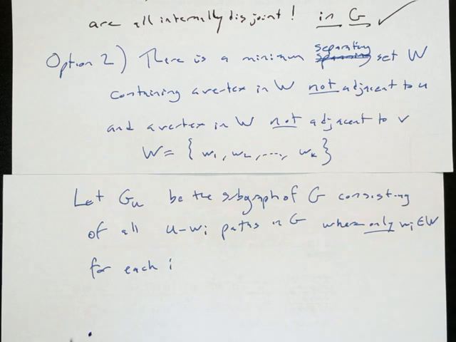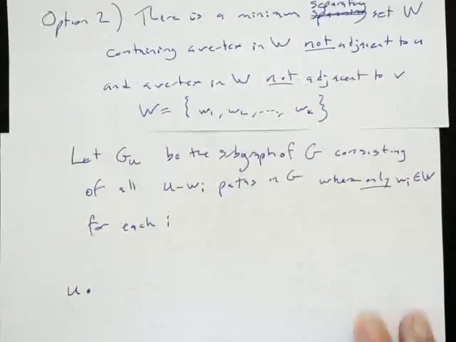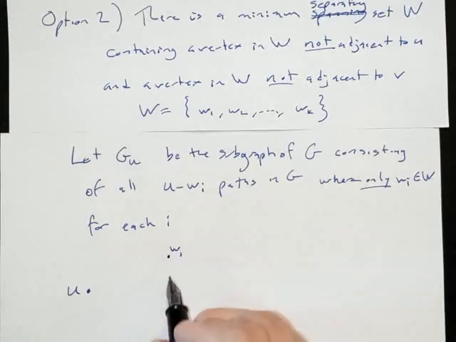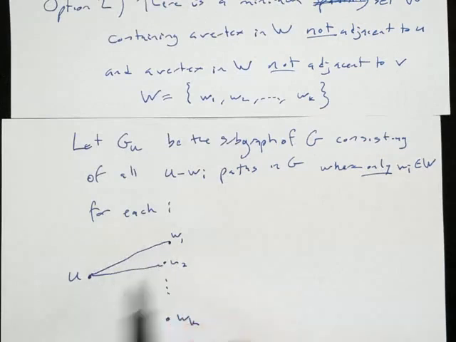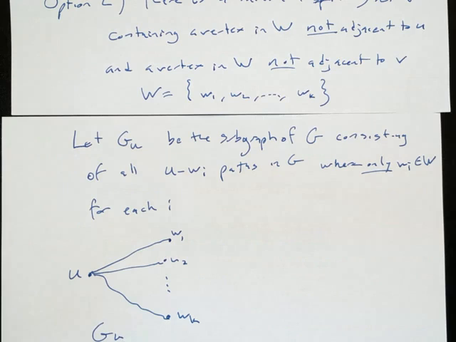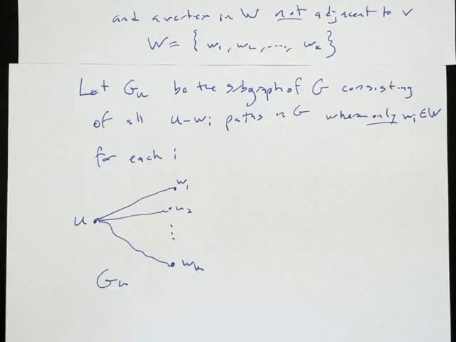So I've got U over here, and then I've got my separating set, W1, W2, and so on up to WK, right? And there's a path here and here and here. So that's the subgraph, the subgraph GI.